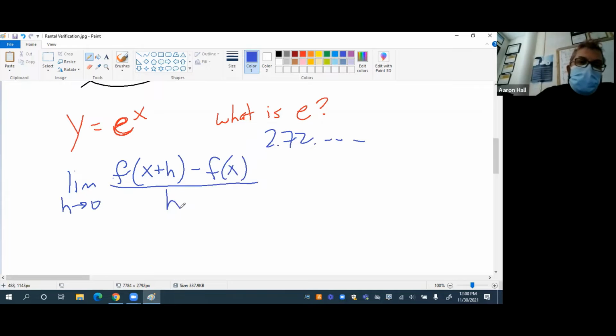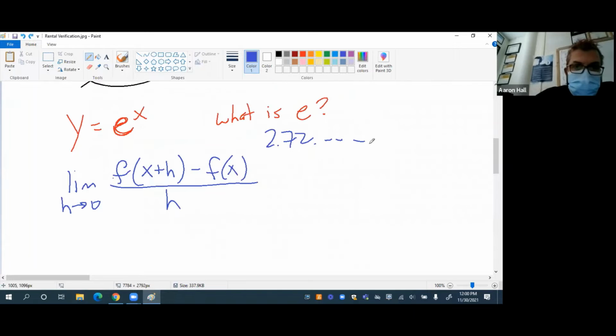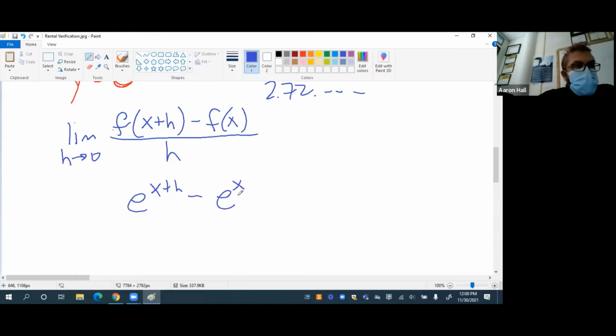And so my function is this e to the power of x. So I'm going to rewrite this as e to the power of x plus h minus e to the power of x, all over h.